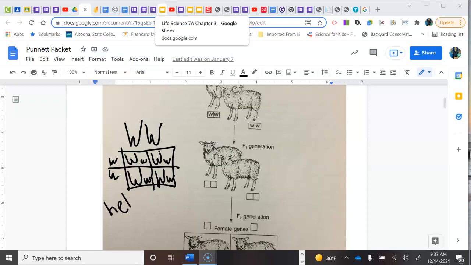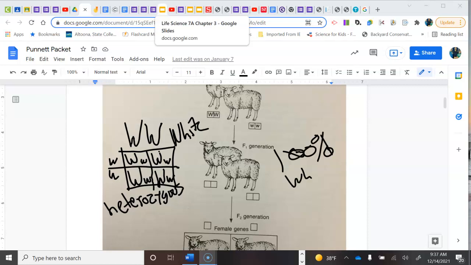These are what we call heterozygous. But because the white is dominant, all of these are white. In fact, this one is 100% white.